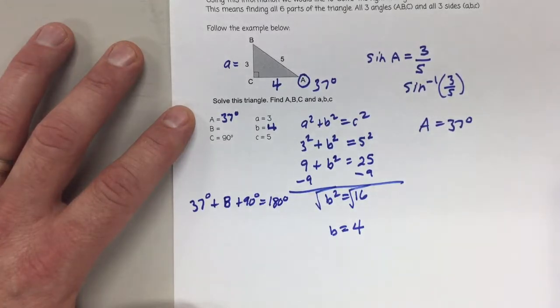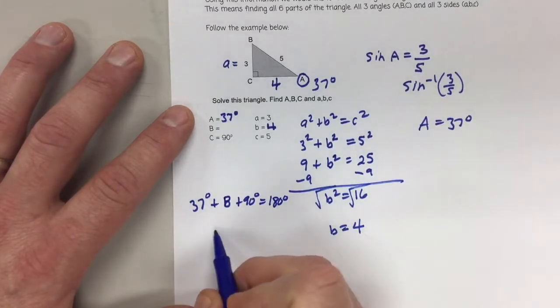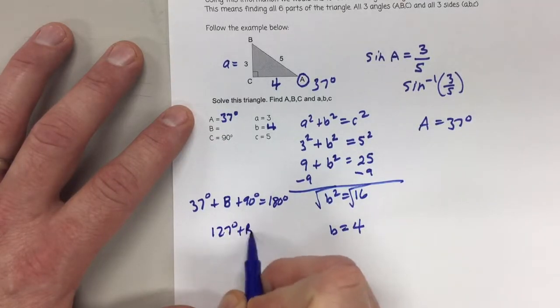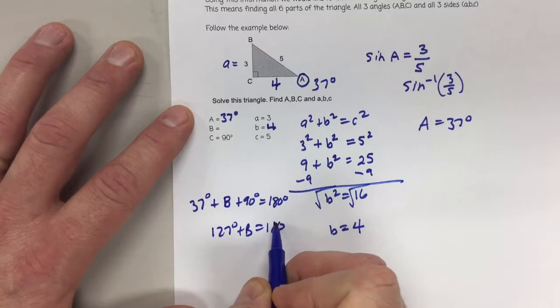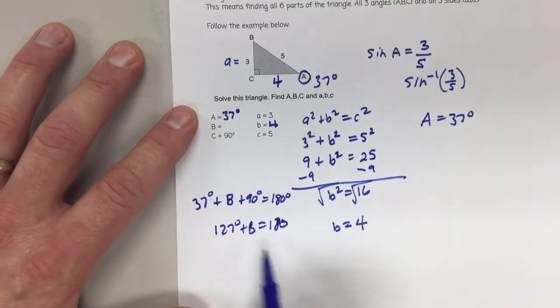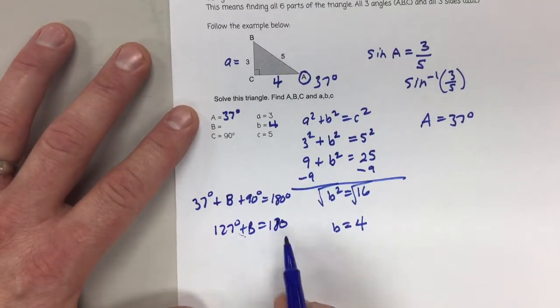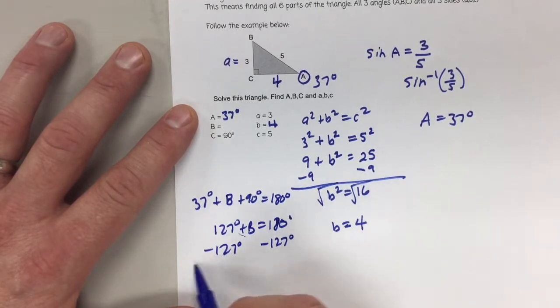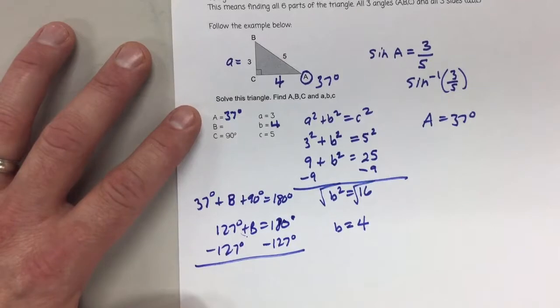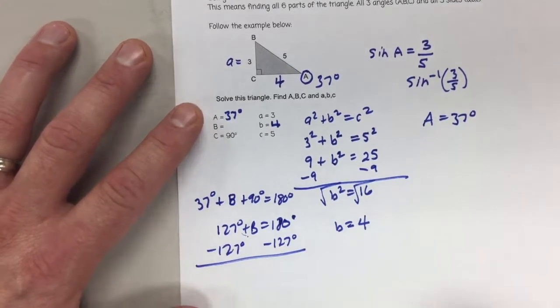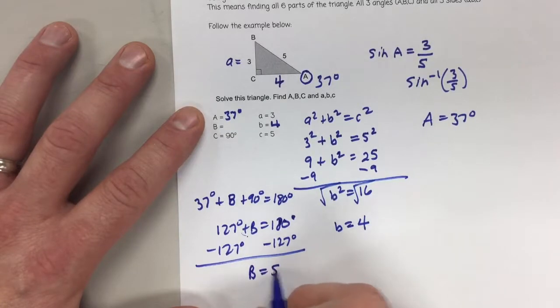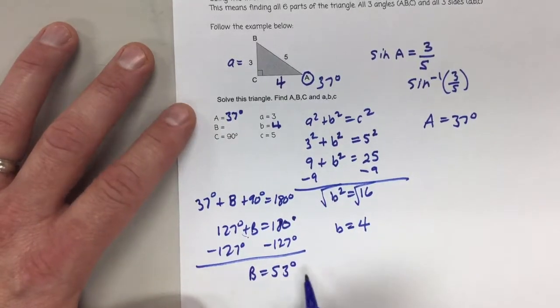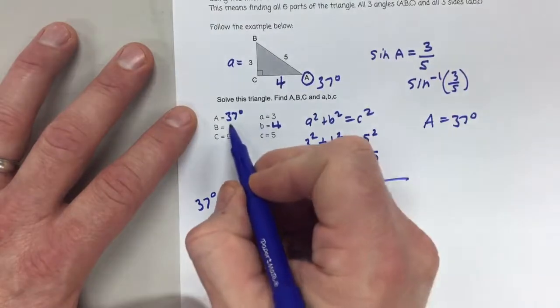So I'll use a calculator. 37 plus 90 is 127. Okay, so 127 plus B is 180. And then I just subtract 127 from both sides. So I'm going to do 180 minus 127. And I get 53 degrees. So that's my second angle, 53 degrees.